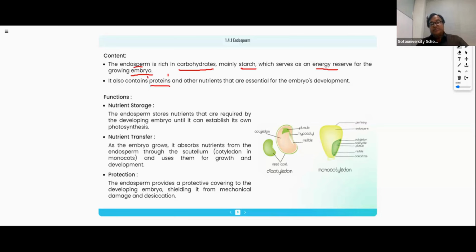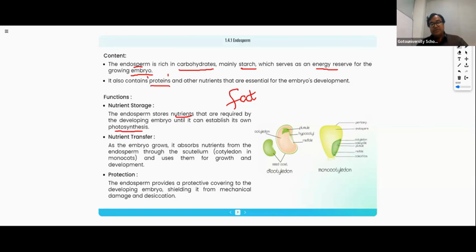So this endosperm stores nutrients as we already narrated. These nutrients might be protein, carbohydrate, or fat. The fat in the form of lipid is very important for the seed to support the plant development.